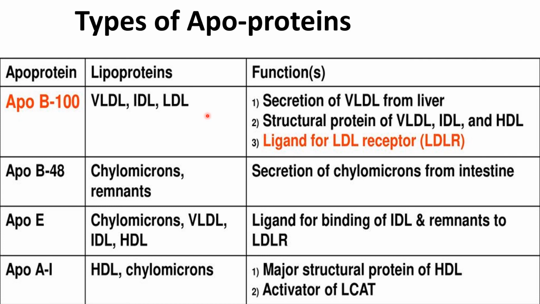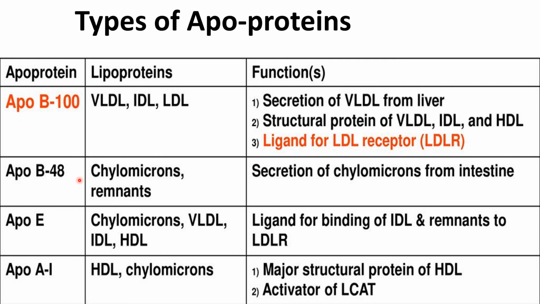And we know that the lipoprotein VLDL starts its journey from the liver, and while going through the plasma, it converts into IDL and then into the low density lipoprotein. Then when this low density lipoprotein reaches the peripheral tissue, this LDL particle is taken up by that particular cell or tissue by means of receptor mediated uptake. And the receptor recognizes the LDL particle because of the presence of ApoB100.